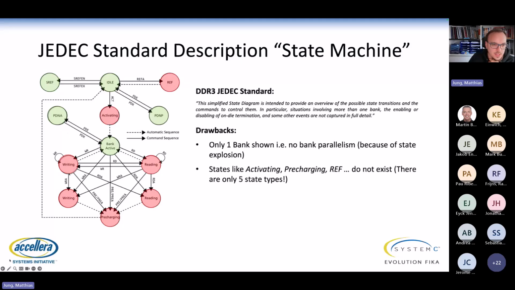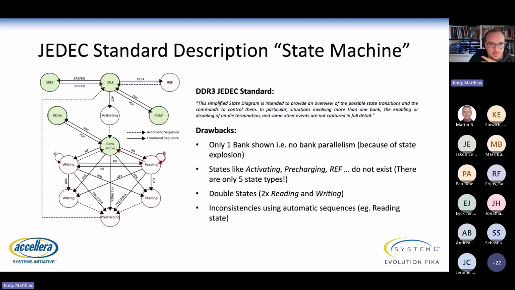The rest are just commands that are executed. And 2 commands we even have twice, and there are also some inconsistencies. I don't want to go so much into detail about that. But what the standard gives us is not really something that is formal.